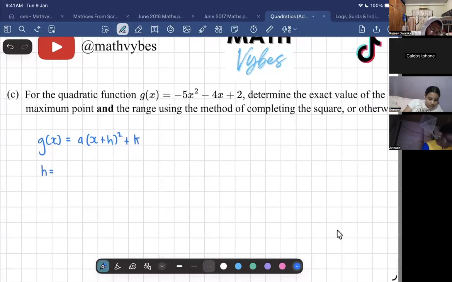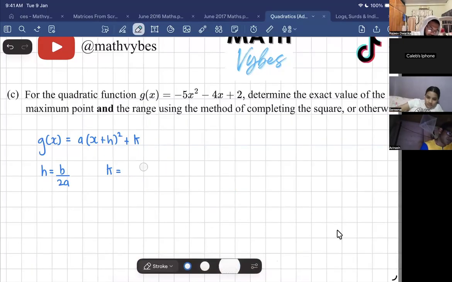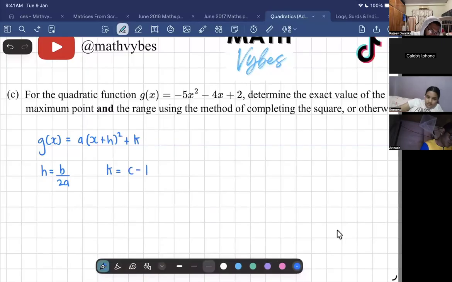And what's the formula for h and k? h is b over 2a, and k is c minus b² over 4a. Yeah, because watch, if I were to split it up, c minus b² over 4a. I remember that you told me that. I'll just pick this one because it's less working now.